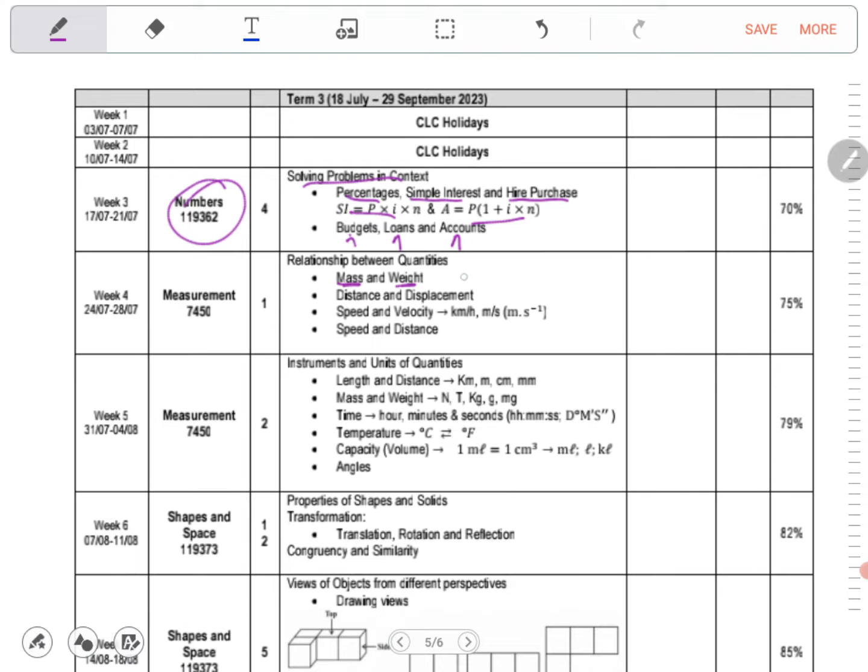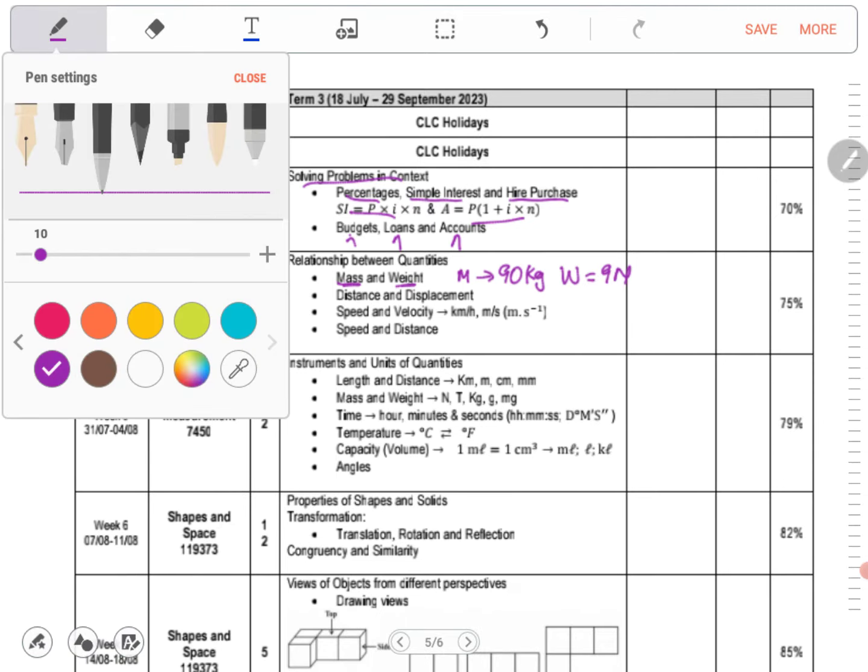If we were to talk about mass, you would say it is 90 kilograms, but in weight you would say I weigh 9 newtons. So there is a difference between mass and weight, but in our everyday life, we normally talk about weight when we actually want to talk about mass.